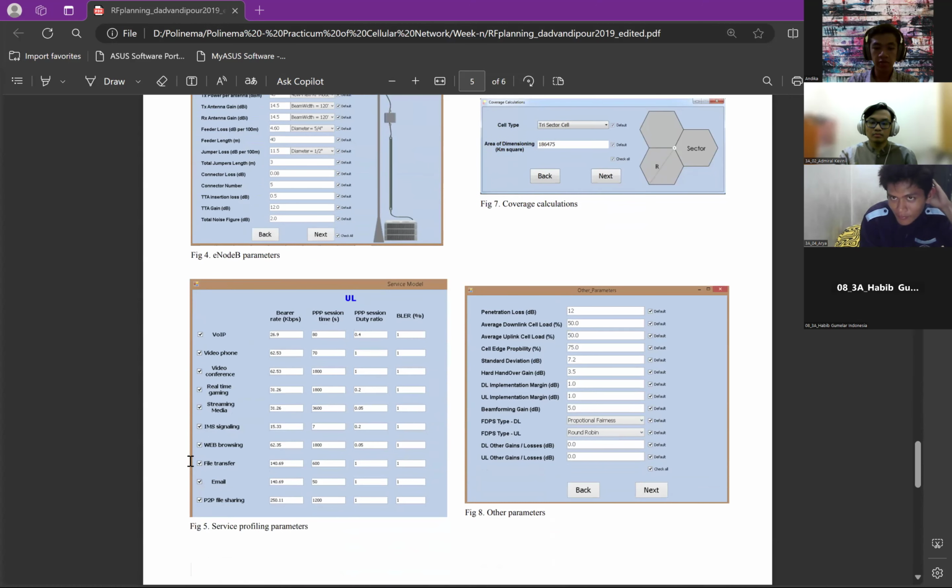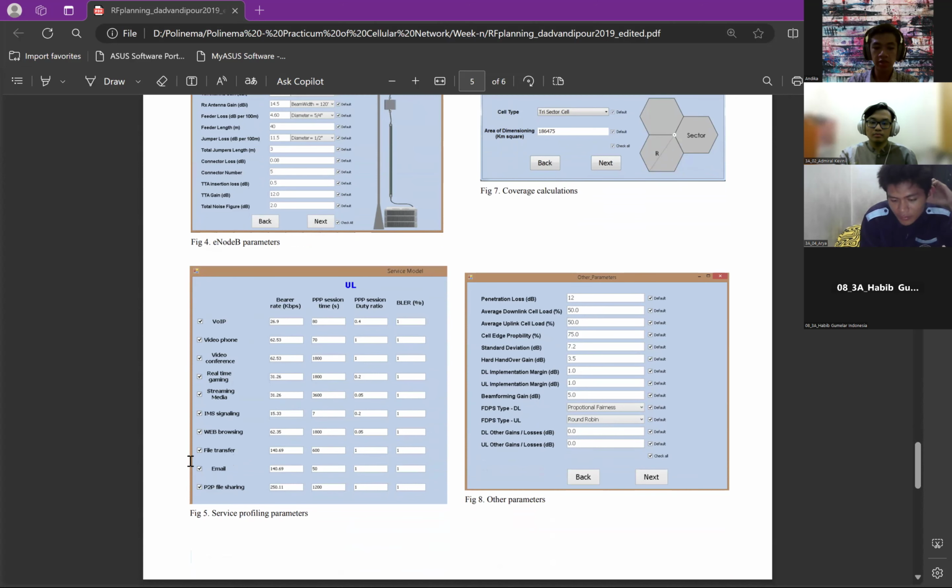On figure 5, it is about the service providing parameters. There are 10 services: VoIP, video phone, video conference, real-time gaming, streaming media, IMS signaling, web browsing, file transfer, email, and P2P file sharing.